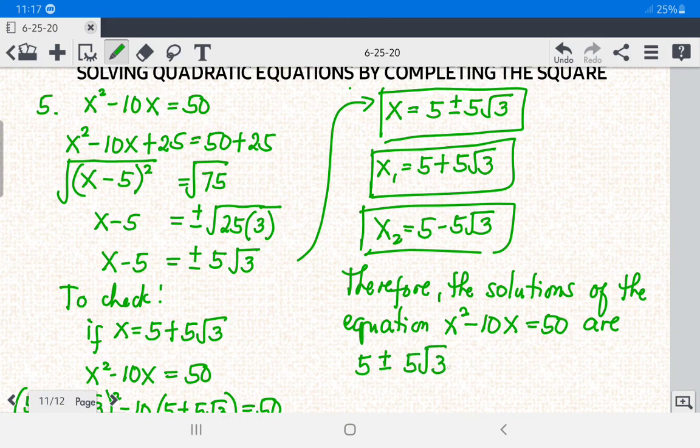You can write also x is equal to 5 plus or minus 5 square root of 3.